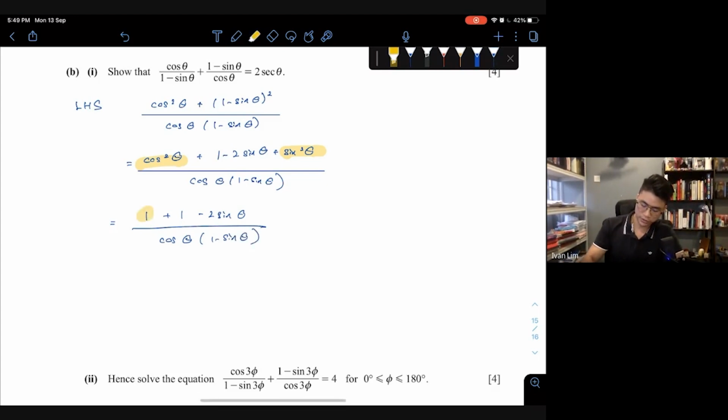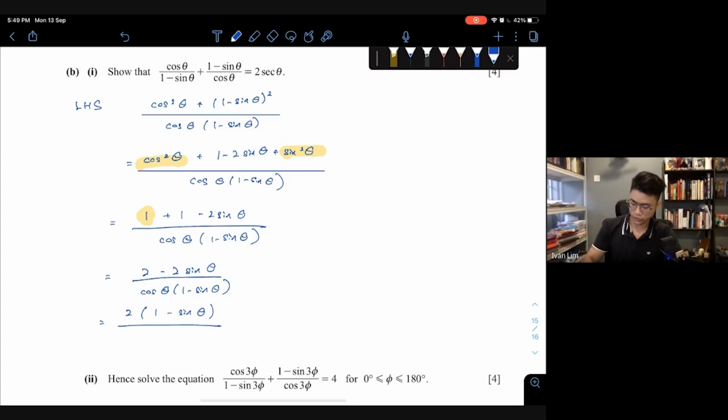So you got to recognize this, your 1 here. So it becomes 2 minus 2 sine theta over cos theta times 1 minus sine theta. Here you got a common factor, so 1 minus sine theta over cos theta times 1 minus sine theta.